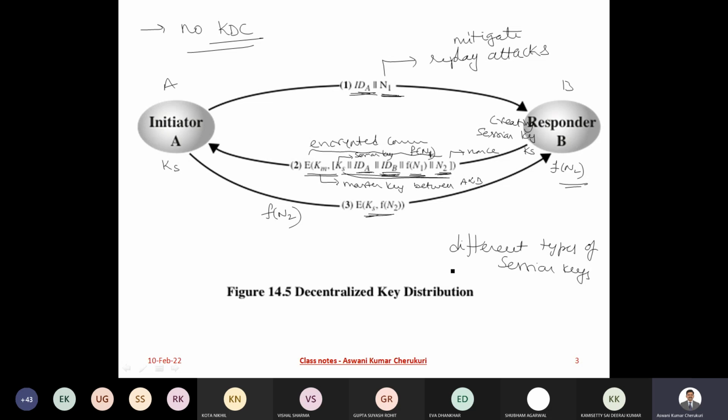Now, so far whatever we discussed is about sharing a symmetric key, or what is also called a session key. So far, we discussed sharing of the symmetric key or session key with the help of the master key. Is the master key a symmetric key or an asymmetric key?